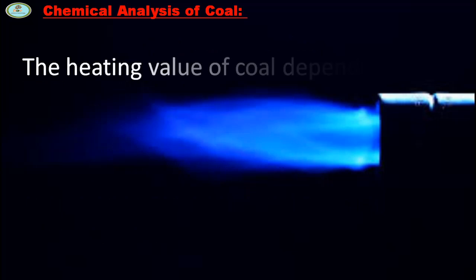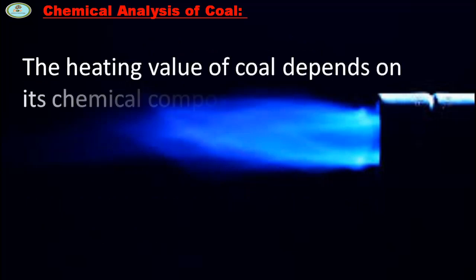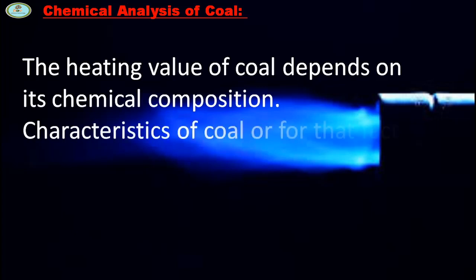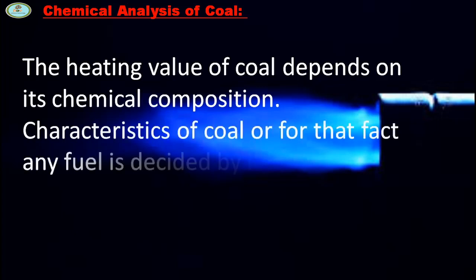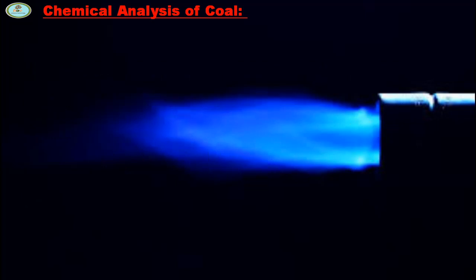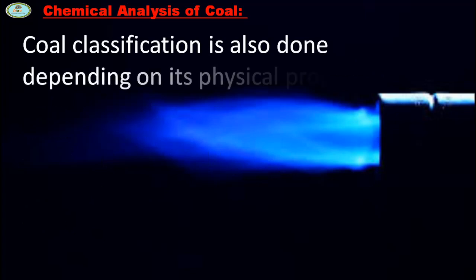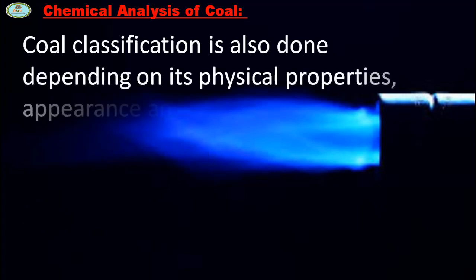The heating value of coal depends on its chemical composition. The characteristics of coal, or for that matter any fuel, are decided by its physical properties and chemical composition only. Coal classification also depends on its physical properties, appearance and chemical composition.